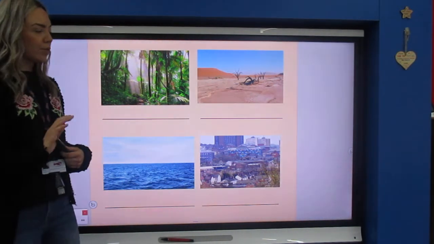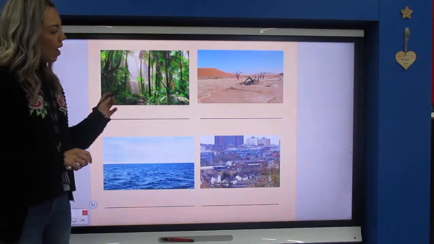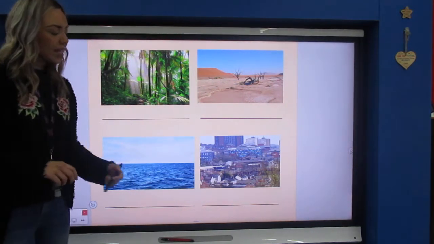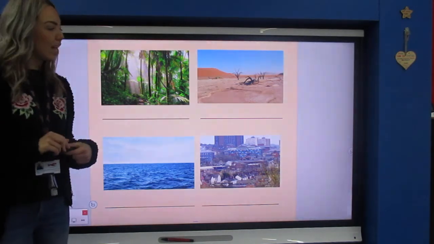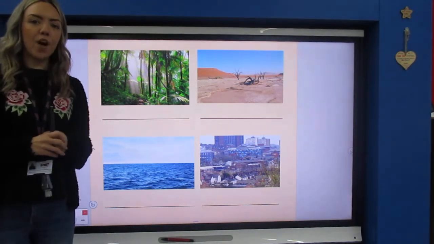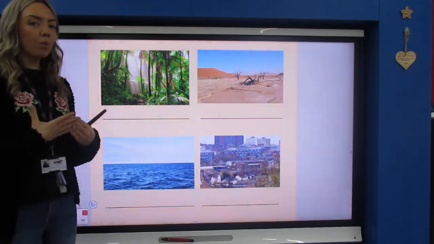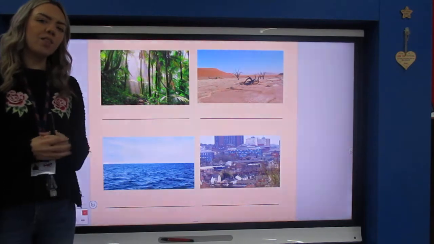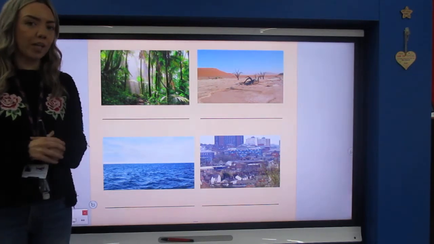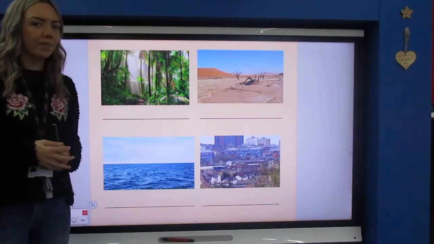So I would like you to pause the video now and have a look at the 4 pictures and see if you can write down on your whiteboard what you think the names of the 4 types of habitat are. And then when you unpause, we will discuss them together and we'll write the names down and see if you think you've got the same as we have, okay? So have a really good go.